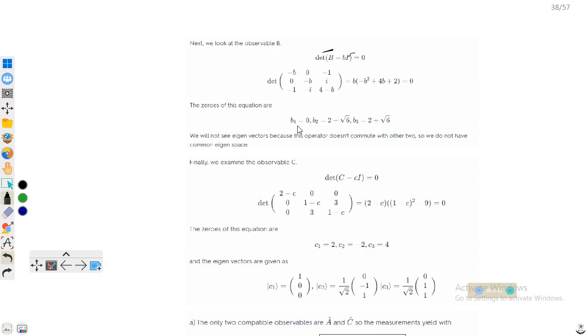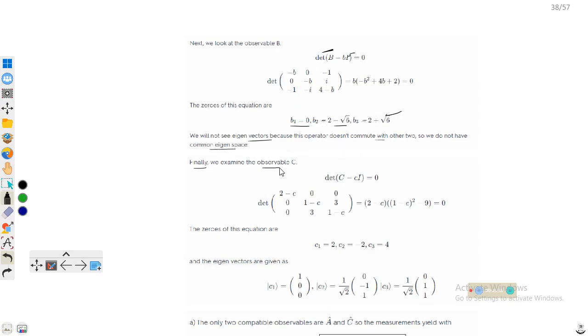If we find its eigenvalues, it will give us B1 equal to 0, B2 equal to 2 minus root 6, and B3 equal to 2 plus root 6. We are observing that we will not find common eigenvectors because the operators do not commute with each other. So we do not have a common eigenspace because A and B are not commuting with each other. They do not have a common set of eigenvectors.